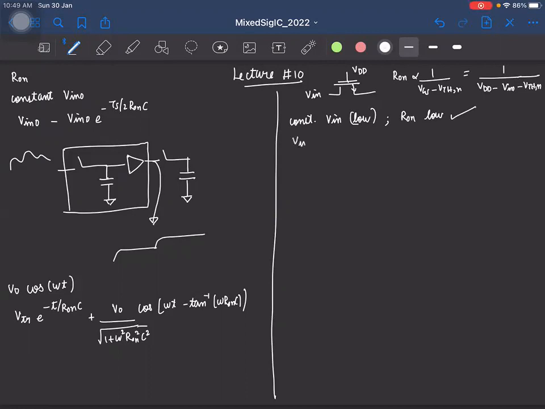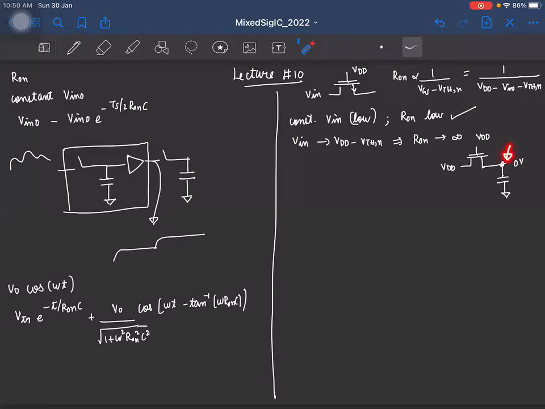But if the input voltage Vin approaches VDD minus VTHN, what happens to the on resistance? The on resistance tends to infinity, and this is no longer a good switch. Okay. And please note that if the input is equal to VDD, and if we connect the gate to VDD, what happens to the output voltage? Well, if the capacitor was initially charged to 0, the MOSFET will start to conduct.